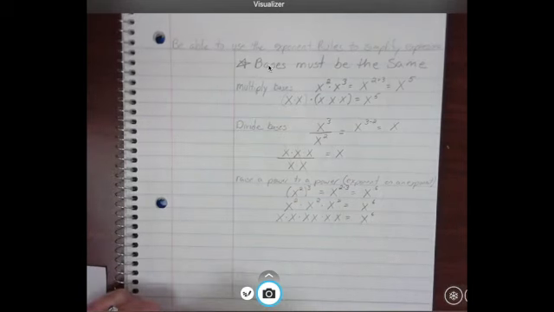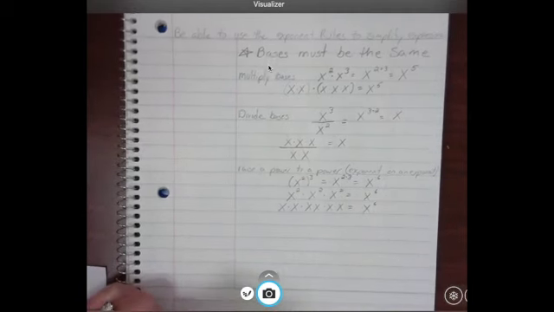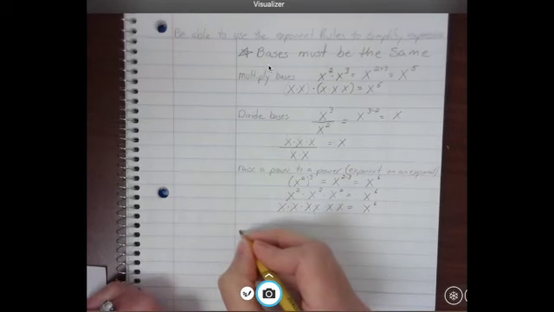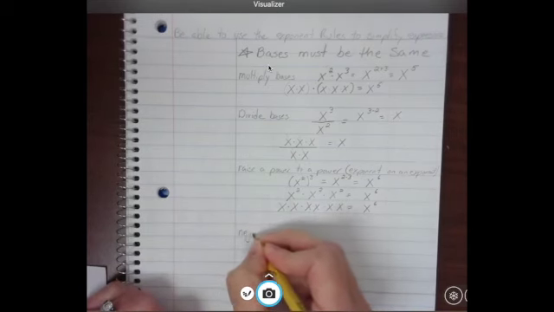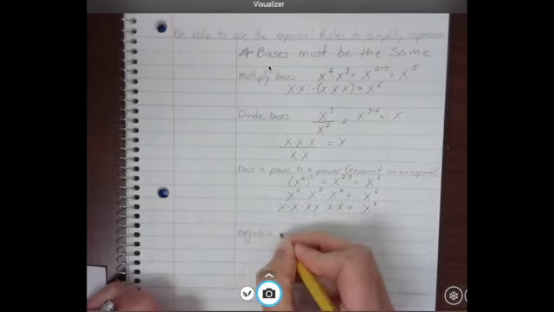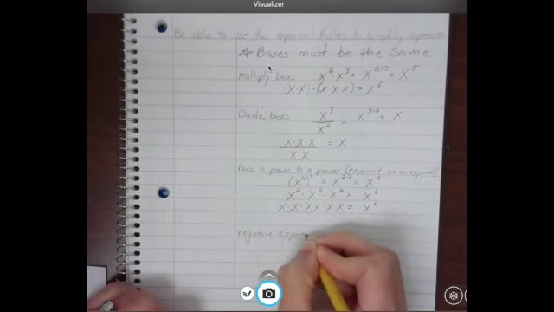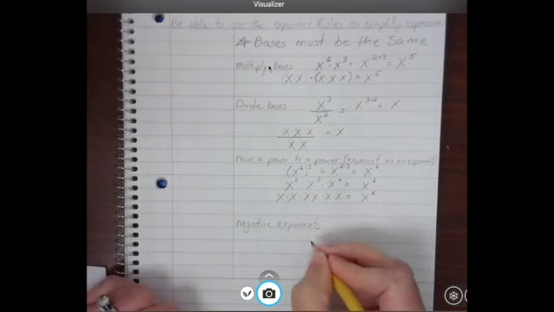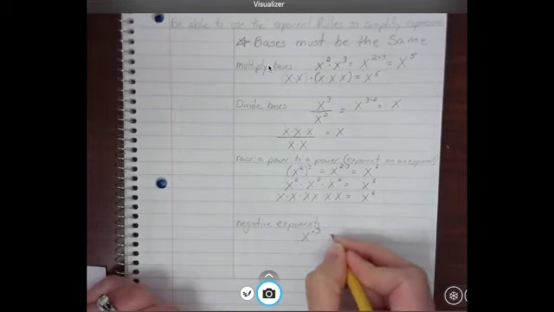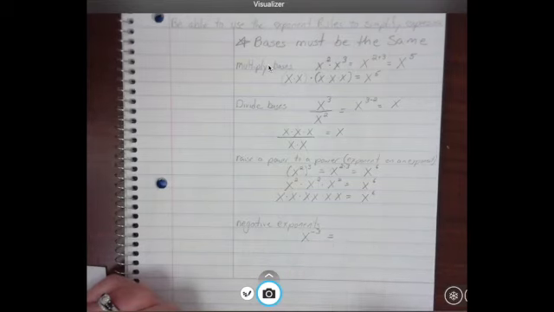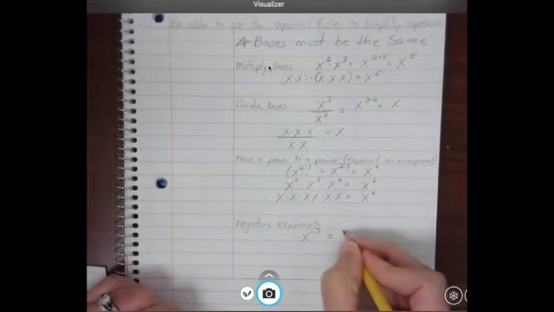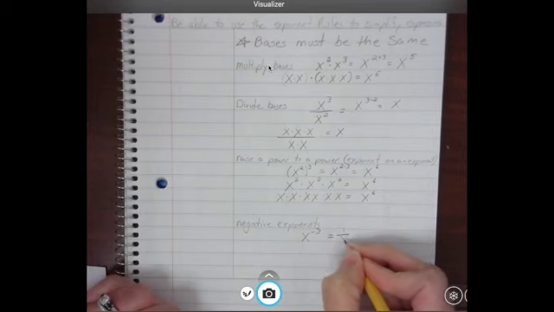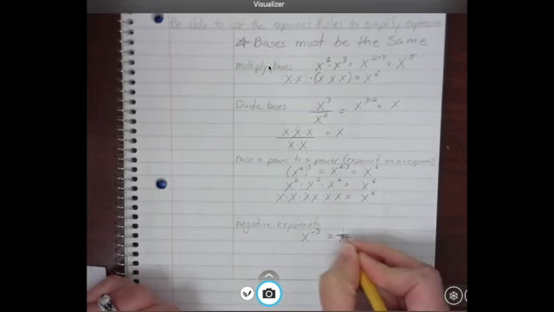Okay, there's one more you just need to memorize here, and that's negative exponents. Okay, so let's say I have, let's do x to the negative third. Okay, so x to the negative third power is going to be 1 over x to the third power.